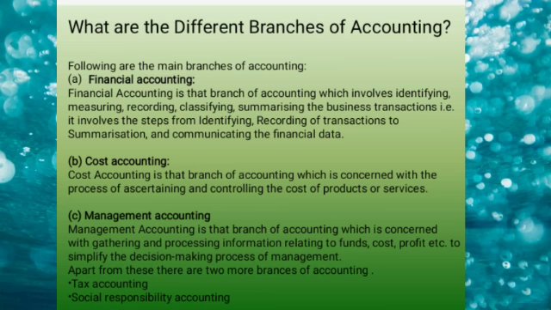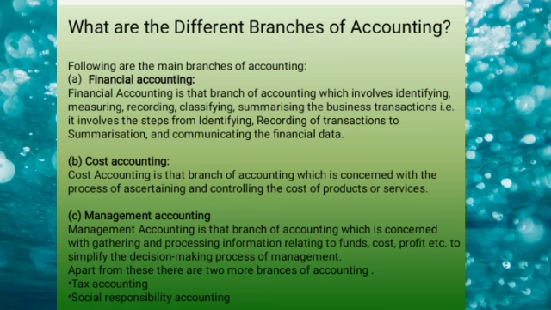Apart from this, tax accounting and social responsibility accounting are the two more parts. Tax accounting is used for tax purposes, and income tax and GST are computed on the basis of this accounting.